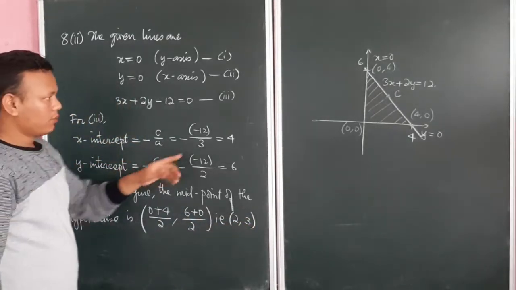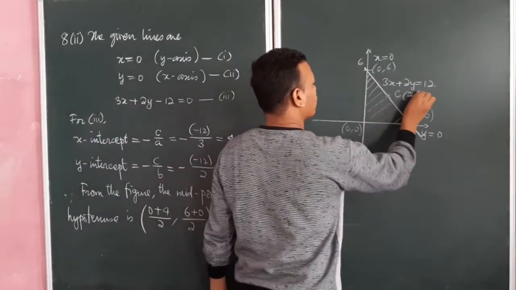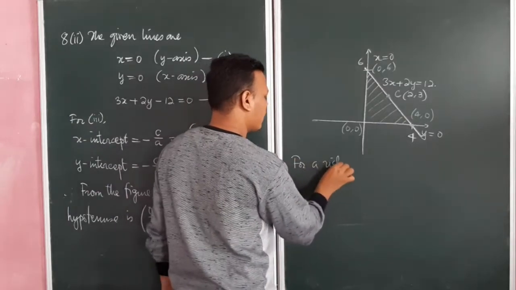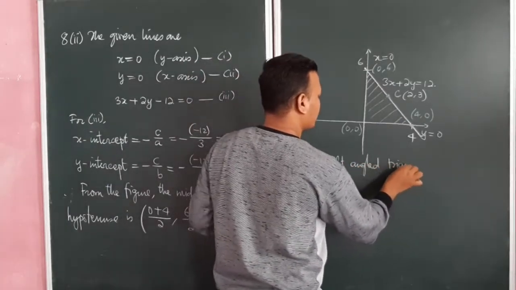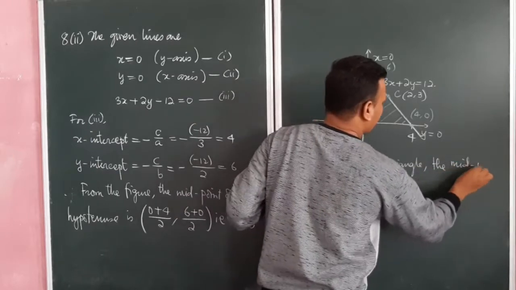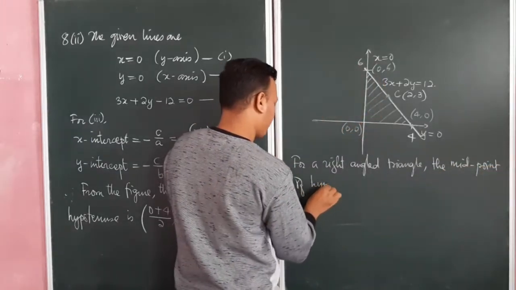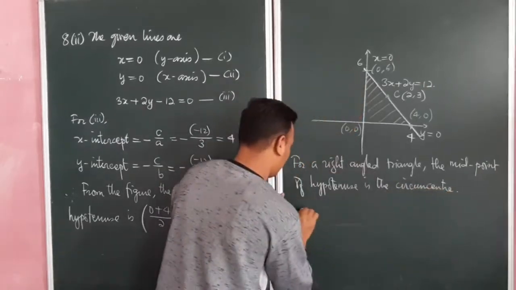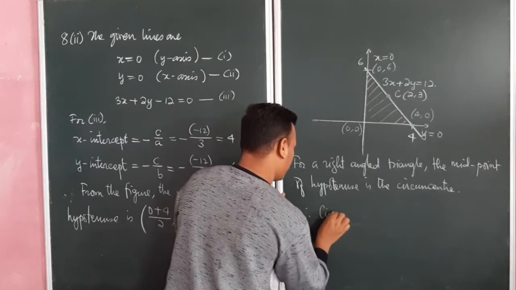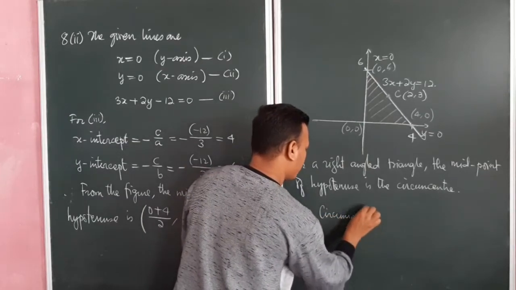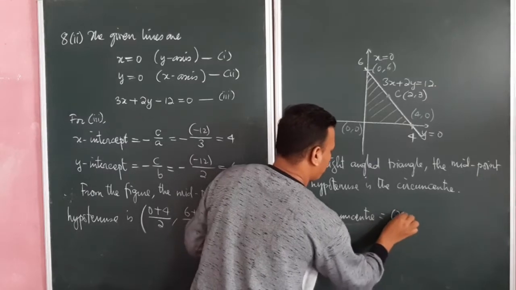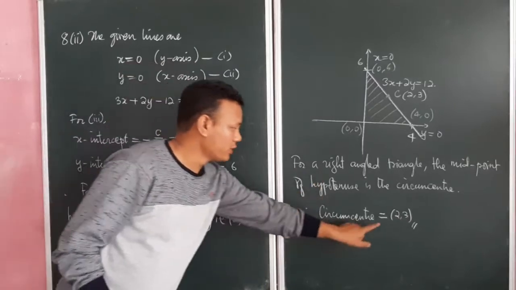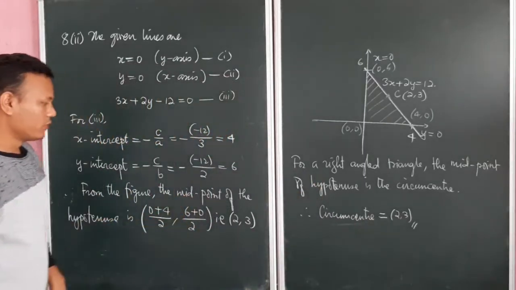So the midpoint turns out to be (2, 3) out here. Therefore your circumcenter will be (2, 3). You may pause the video to note down.